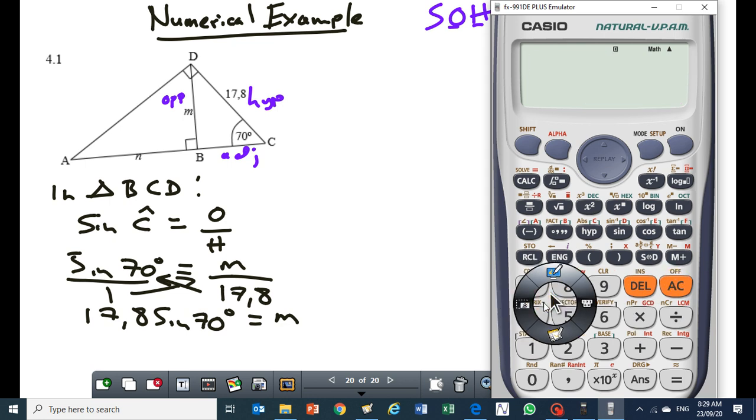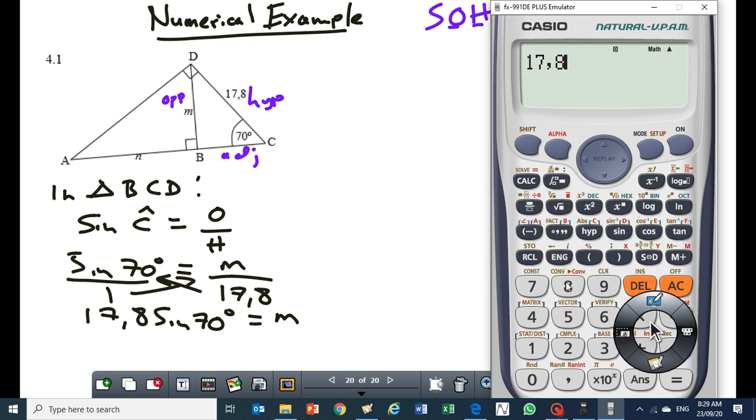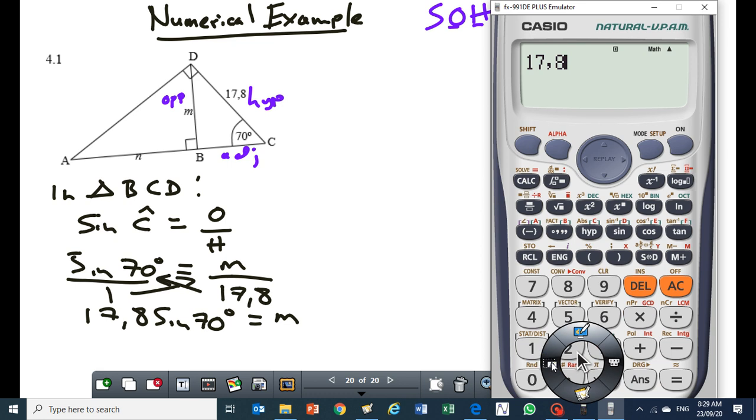This is 17,8 times sine 70. Okay, close the bracket there, and then you get that.